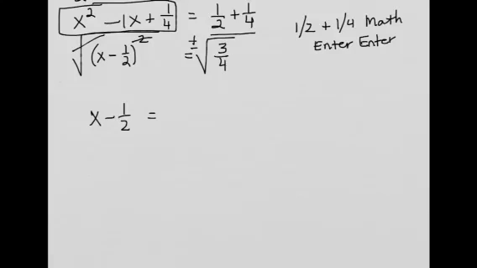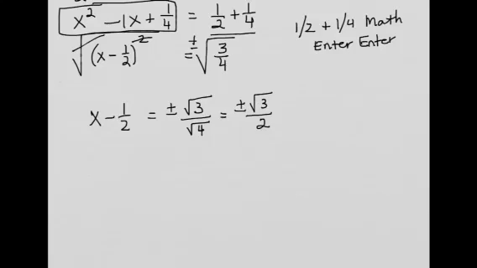Now on the right side, I have plus or minus the square root of 3/4, and we can rewrite this as plus or minus square root of 3 over the square root of 4, which of course becomes plus or minus. Square root of 3 we can't do anything with, but the square root of 4 is 2.